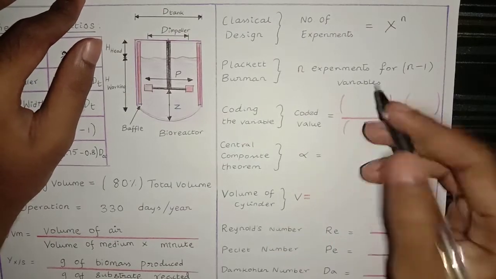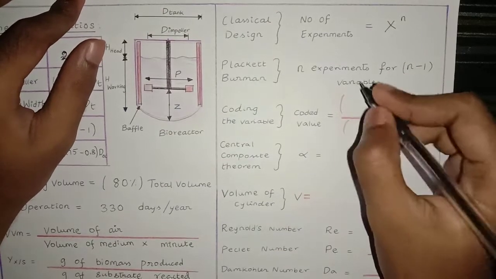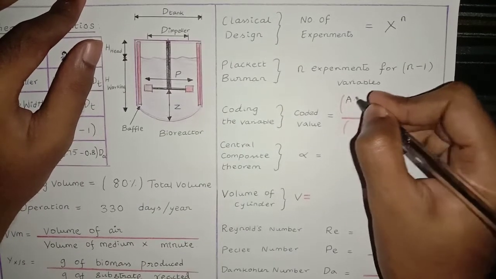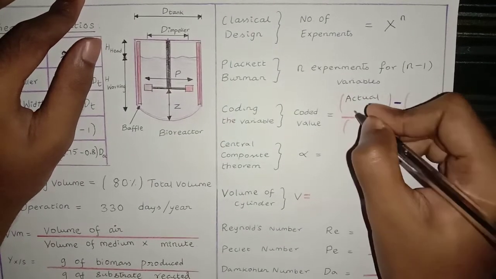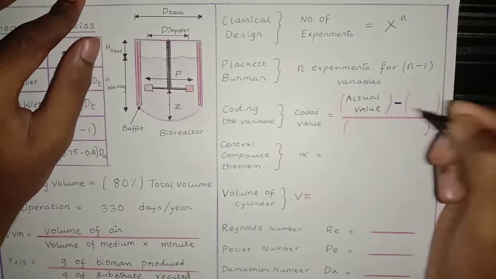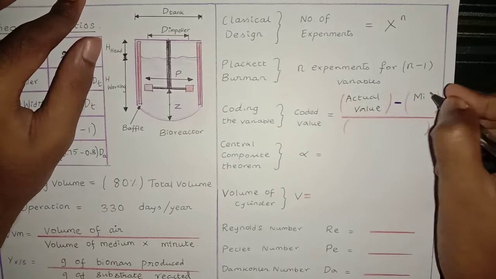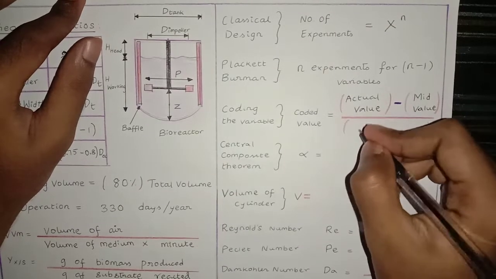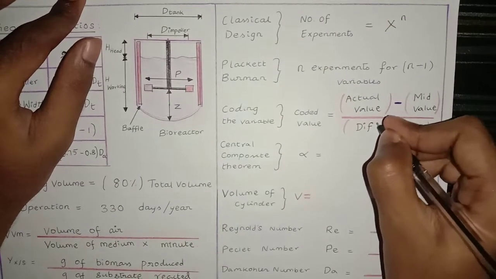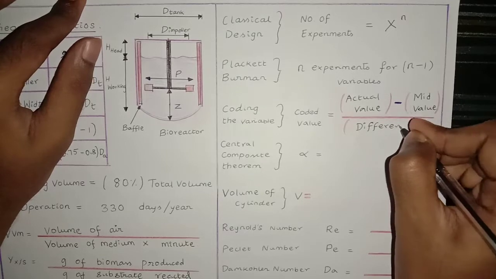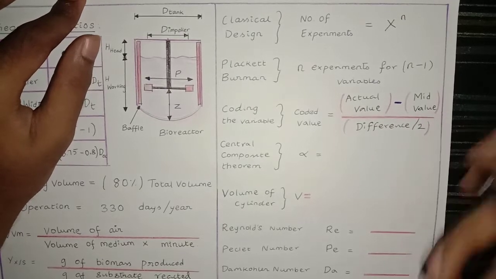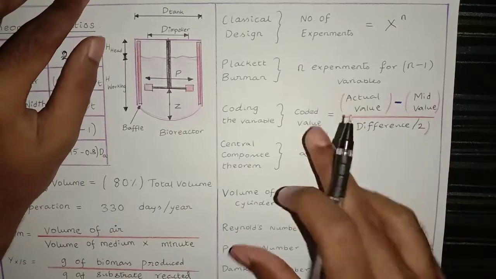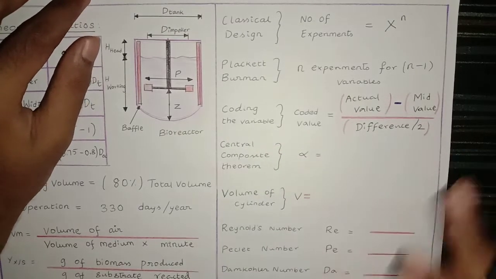The coded value is the actual value of the variable minus the mid value, divided by the difference over 2. So the actual value now becomes a coded value using this coding formula.